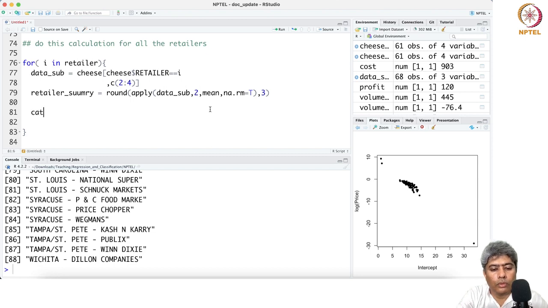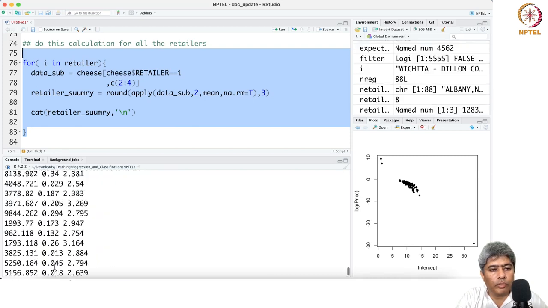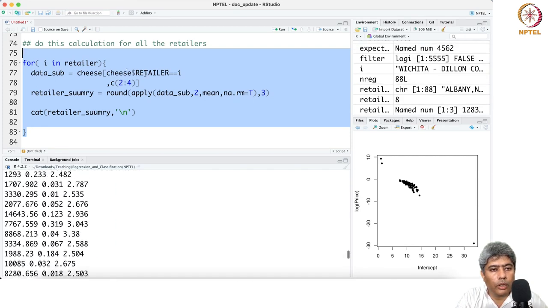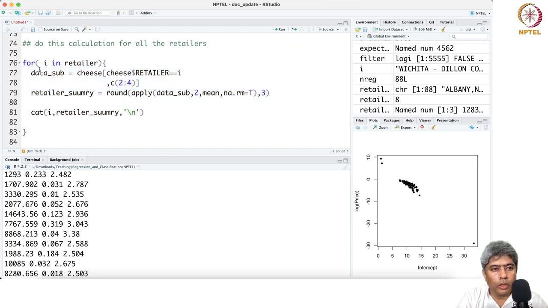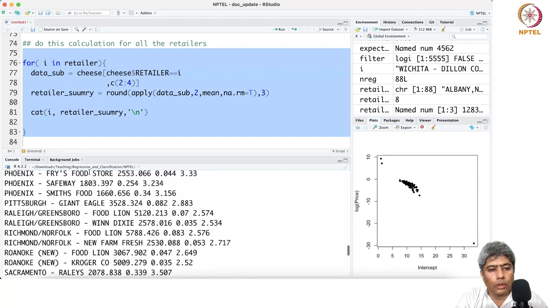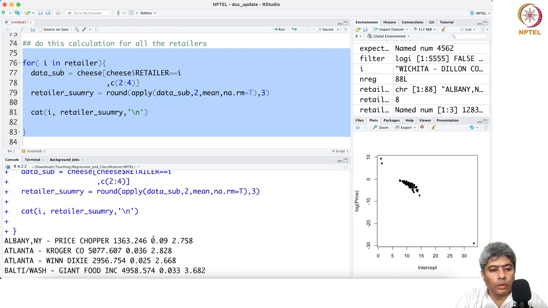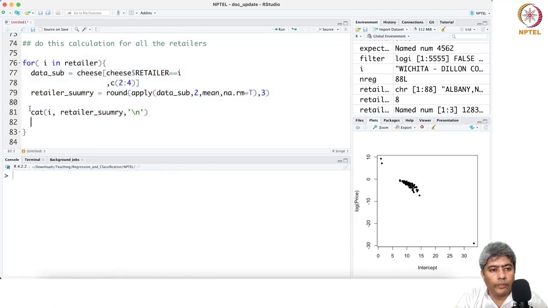So retailer summary, and let me just run this part. Let me see if this is coming properly. All right.